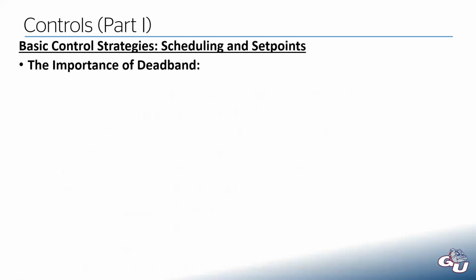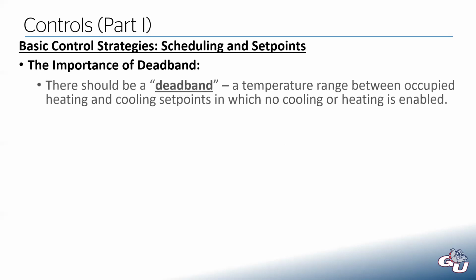And then there's this idea of what's called the dead band, which is an important concept when we're talking about space temperature set points. So you should have a dead band, which is the temperature range between the occupied heating and the occupied cooling set points, in which no cooling or heating is to be enabled.